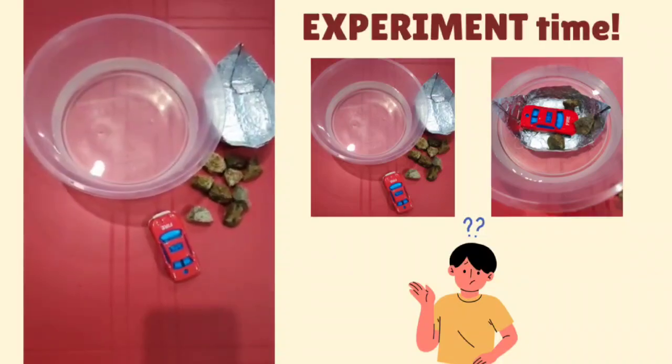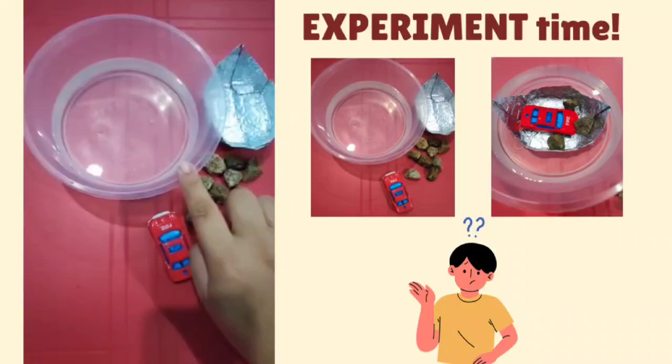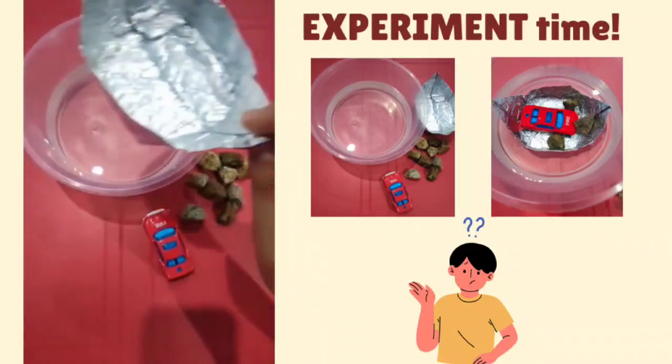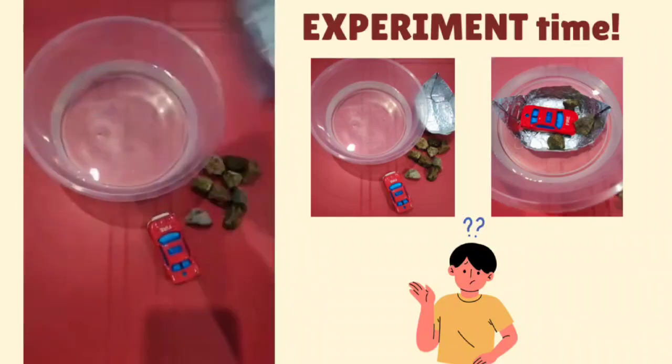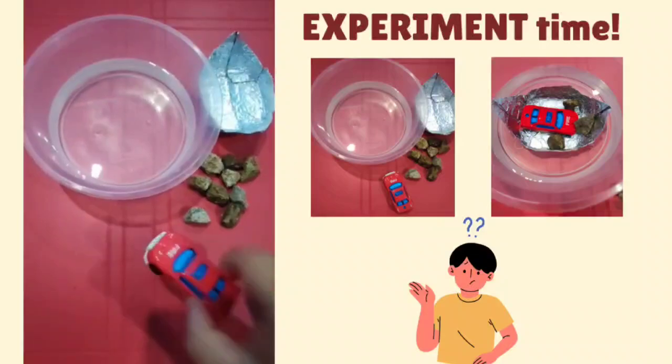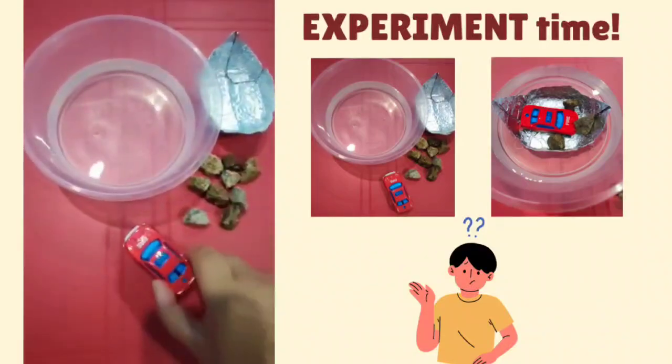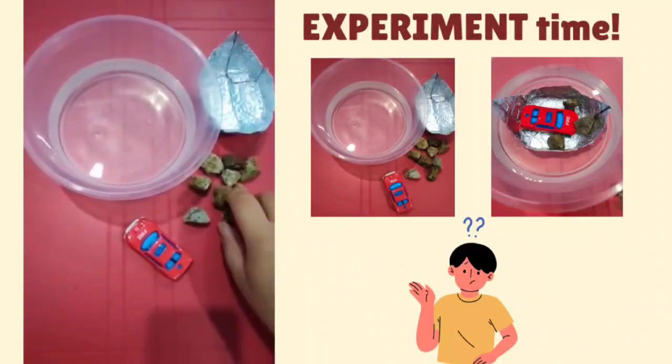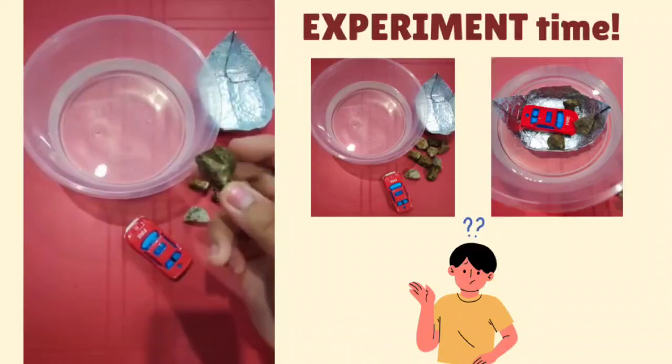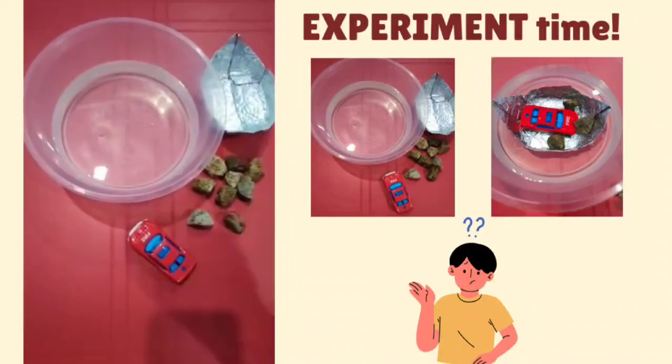The materials used are a container filled with water, a folded aluminum foil board, a small metal toy car, and several small rocks to represent cargo or additional weight.